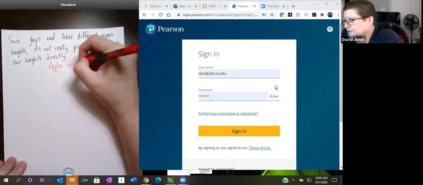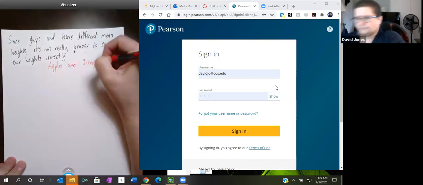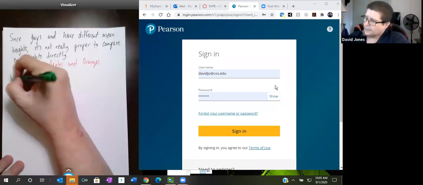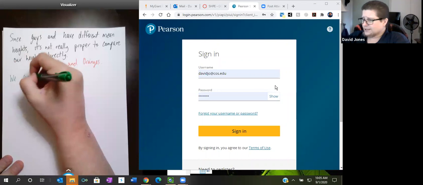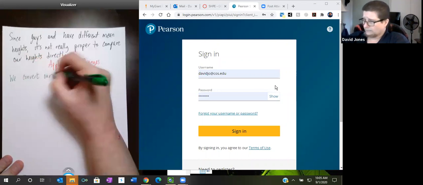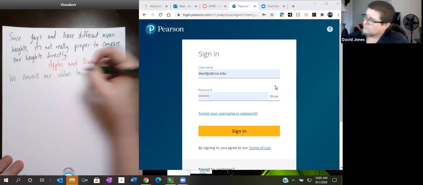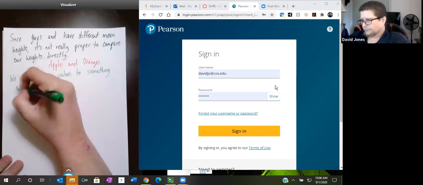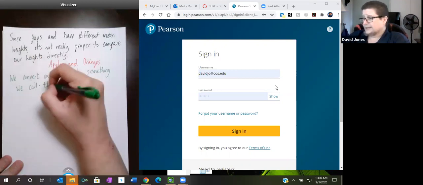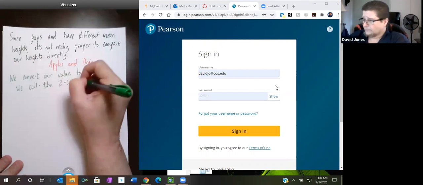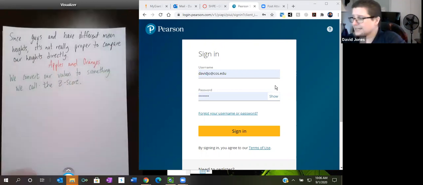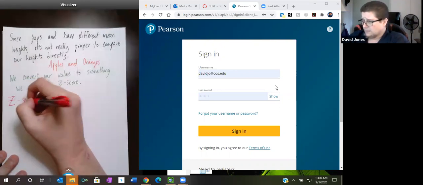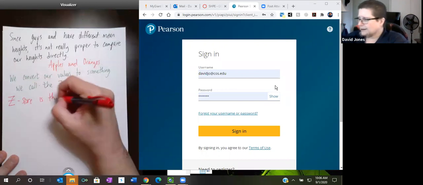They're different fruit. So what we do is we convert our values to something called a z-score. The z-score. And in words, the z-score is the multiplier on sigma.